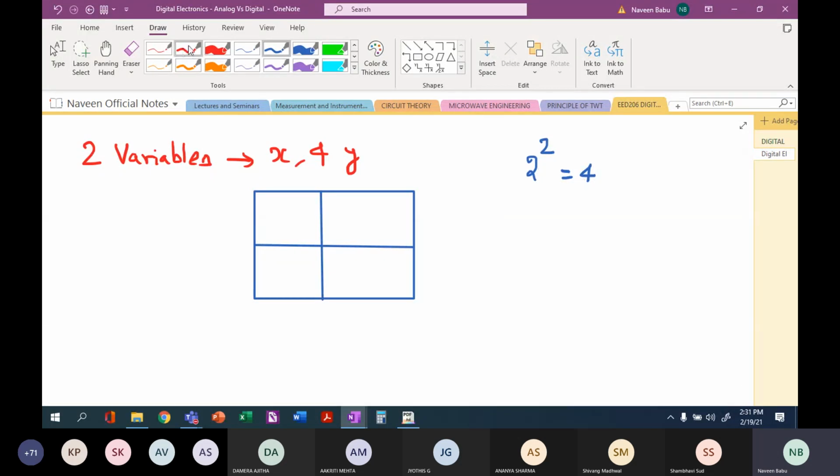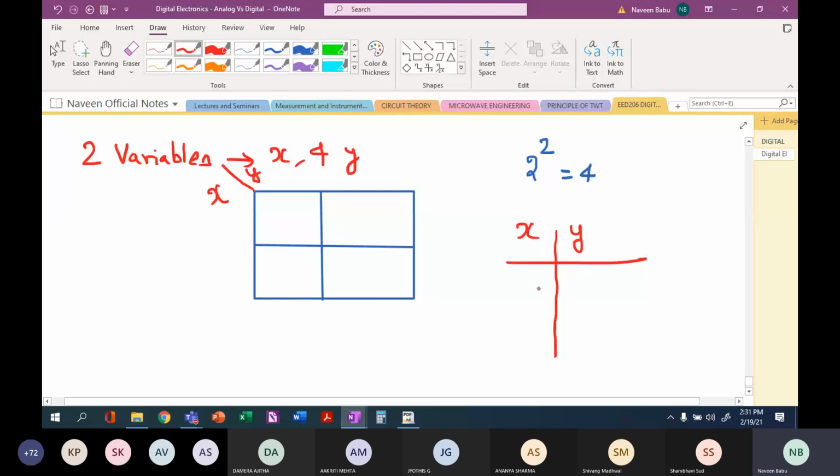Now how do you do it? For this x and y variable, we will divide it like this. Maybe x for column wise and y for row wise, or the other way, y for the column wise and x for the row wise. What are the possible input combinations? X can take 0 and 1, right?